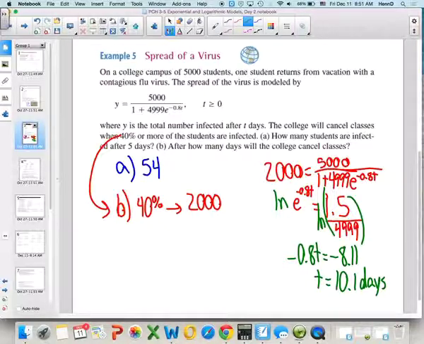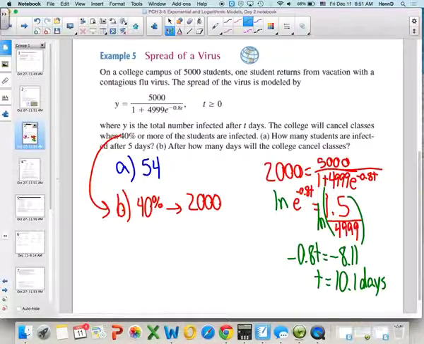And people will react to it. Exactly, yeah. People who aren't sick are probably popping vitamin C a lot and trying to stay away from the sick people, and people who are sick aren't going to classes anymore. So there are a lot of factors that go into why this ends up leveling off.